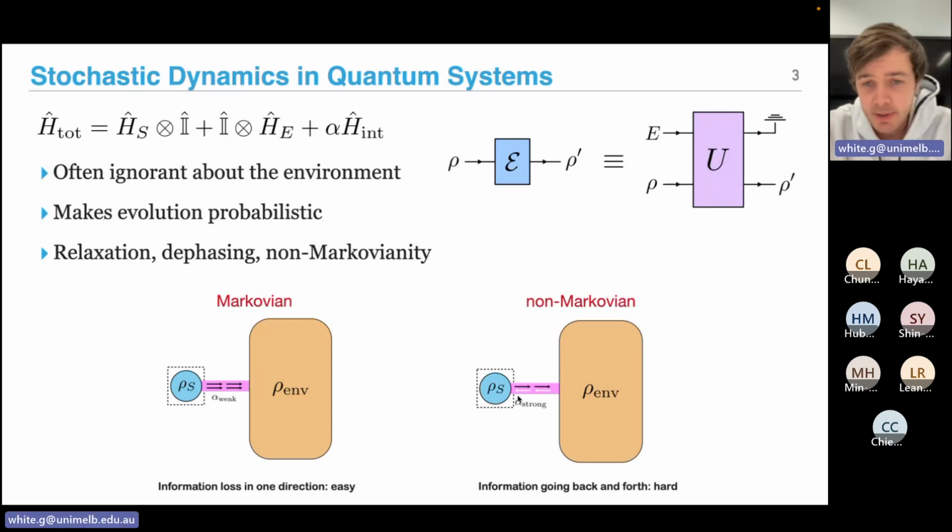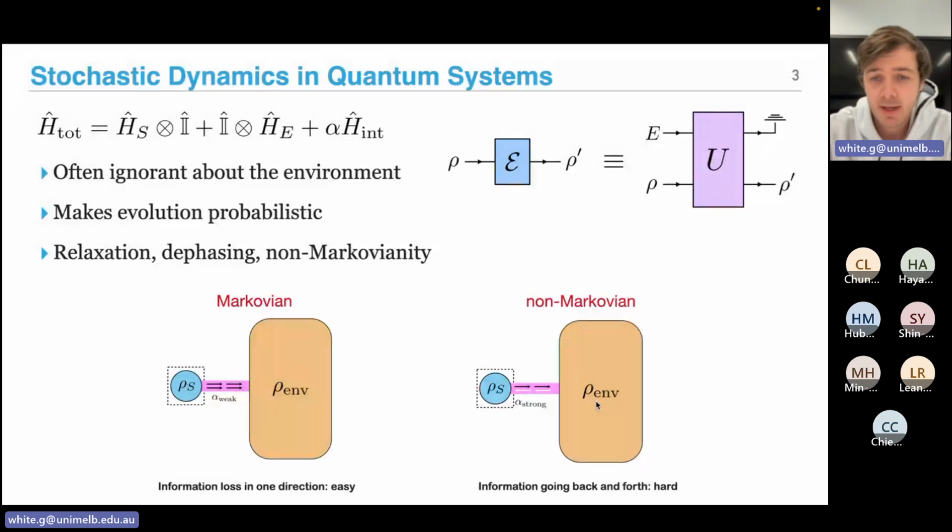At the other end of the spectrum, if you have a stronger coupling to a smaller or more coherent environment, then you can get a mutual exchange of information. This is problematic because if you apply a gate to the system, so you manipulate it in some way, that can determine what information travels out to the environment.